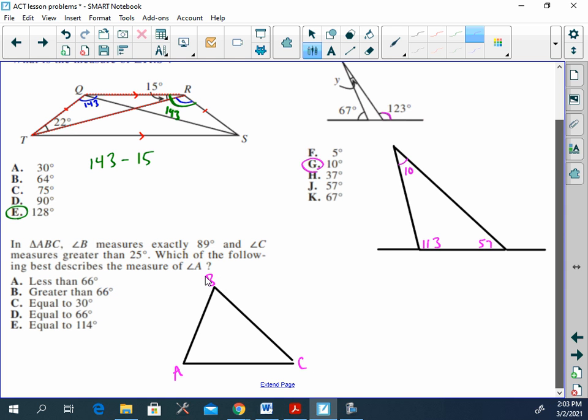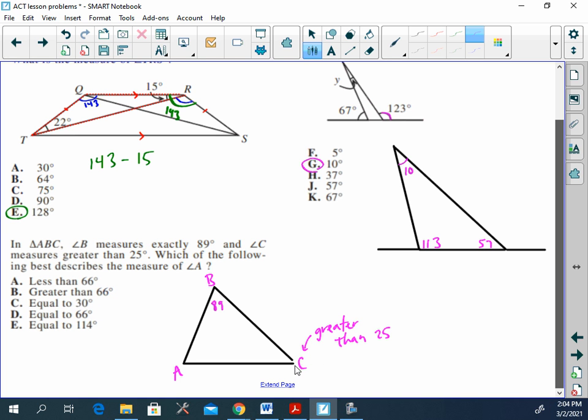Angle B measures exactly 89 degrees, and angle C measures greater than 25. So this is greater than 25. Which of the following best describes the measure of angle A?